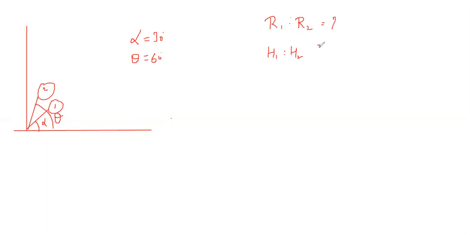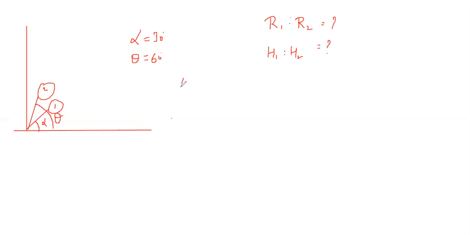The first body's projectile motion and the second body's projectile motion. The first body's angle is alpha and the second body's is theta. Alpha is given as 30 degrees and theta is given as 60 degrees. Find the ratio of R1 to R2 and H1 to H2.